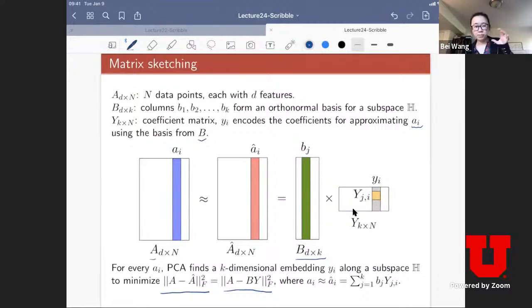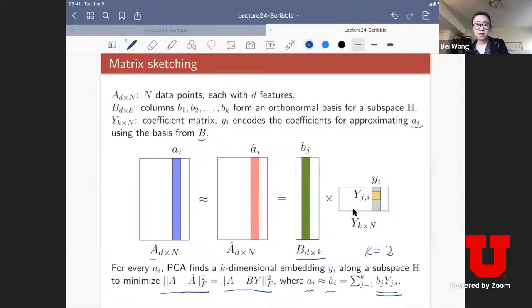Okay, so in PCA, by setting K, let's say K is equal to 2, it's just to say that my B matrix has 2 columns. The idea is to find the minimizer of B times Y to minimize the Frobenius norm difference between these two. Once you find it, each of the columns can be approximated by a linear combination of the columns in the B matrix.